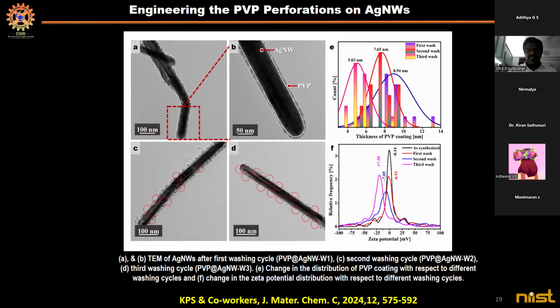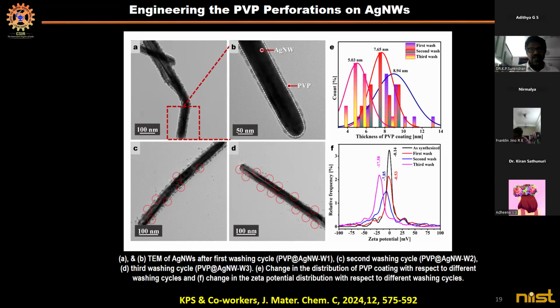But when you are making this kind of silver nanowire, as shown in this image, the silver nanowire will have a sheath of insulating polymer, which is called PVP, polyvinylpyrrolidone. It's basically a pyrrolidine-based polymer.